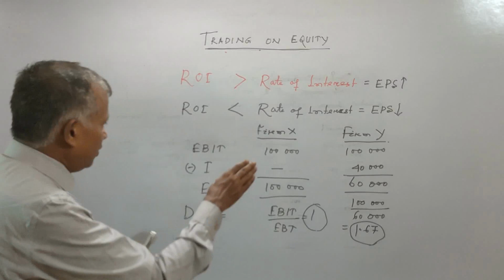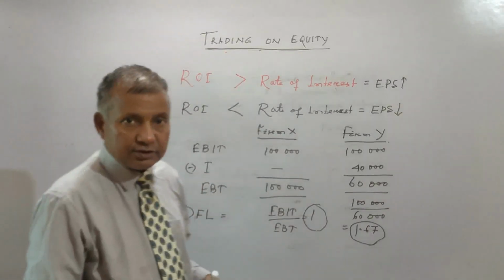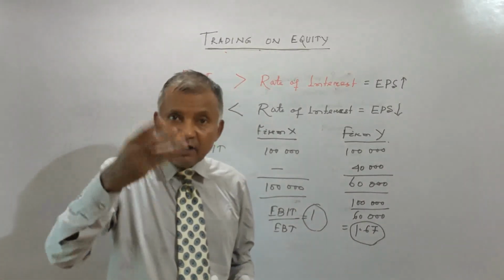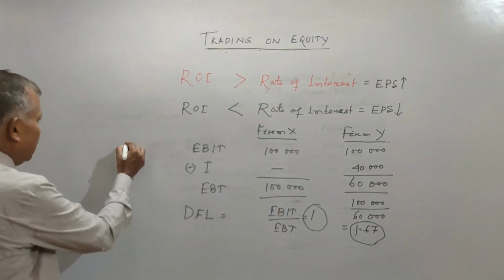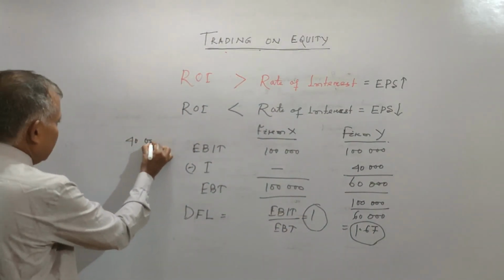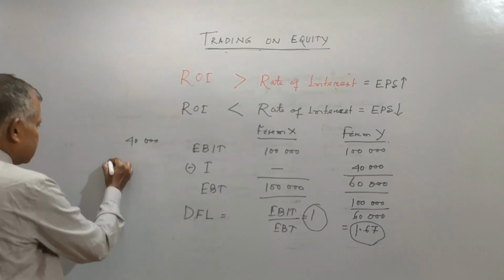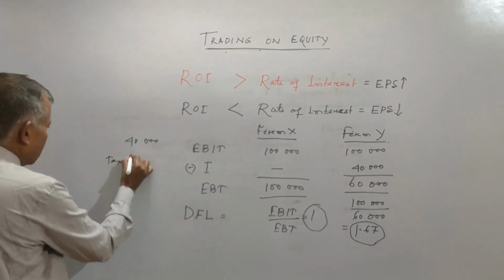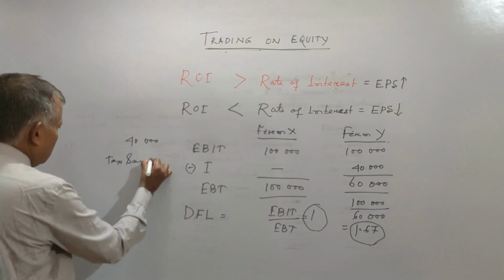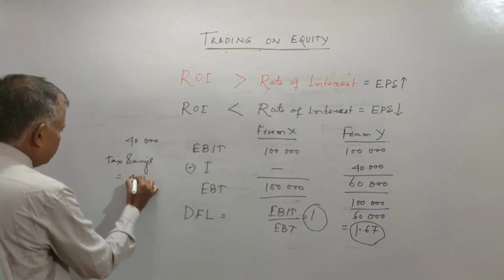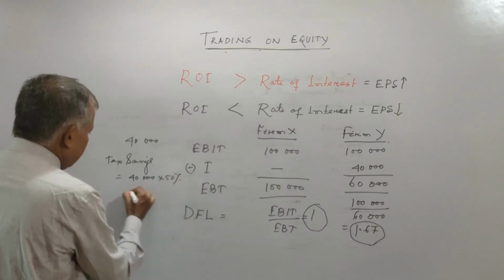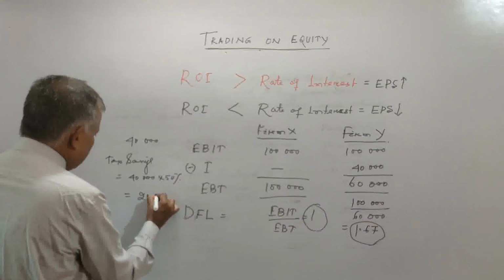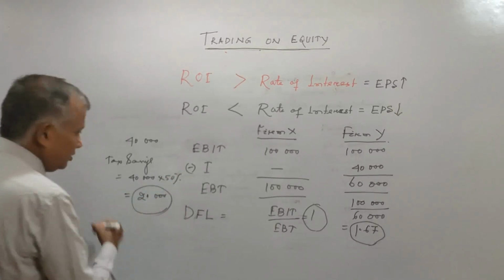So on 40,000 interest, if the rate of tax is say 50%, tax savings will be 40,000 into 50%, which is 20,000.